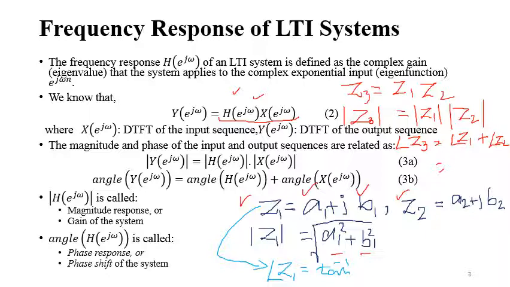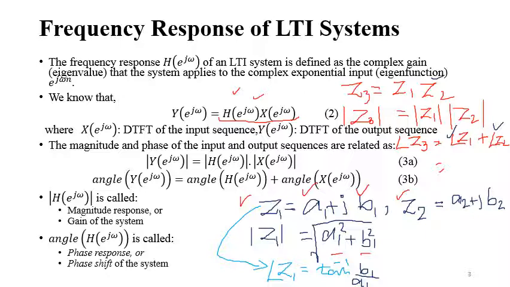So it will be equal to tan inverse of b1 over a1. In case the complex number z3 is the product of the two, the overall angle for z3 will be equal to the angle of z1 plus the angle of z2.